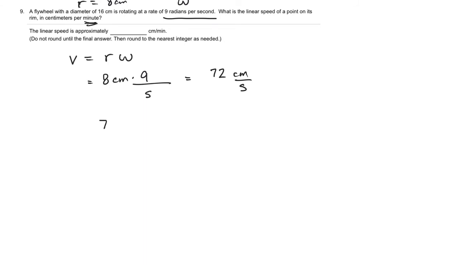So I can take that 72 centimeters per second, use dimensional analysis to convert the seconds into minutes. So I know 60 seconds is equal to 1 minute. Notice I put the second on the top here so I could cancel them. So 72 times 60, that's 4,320 centimeters per minute.